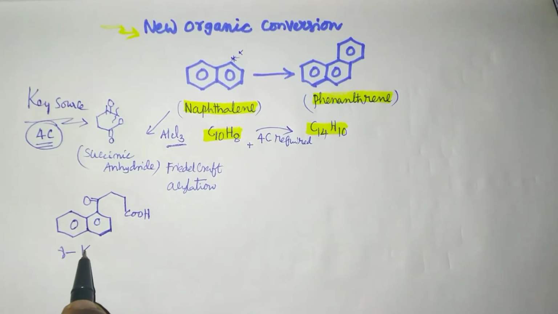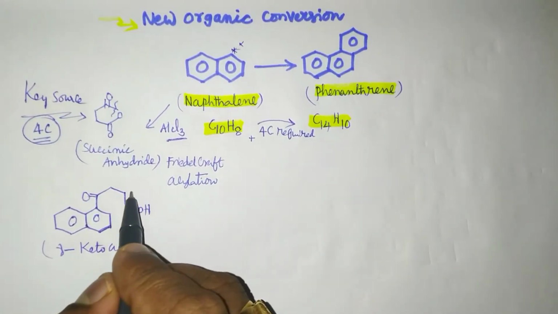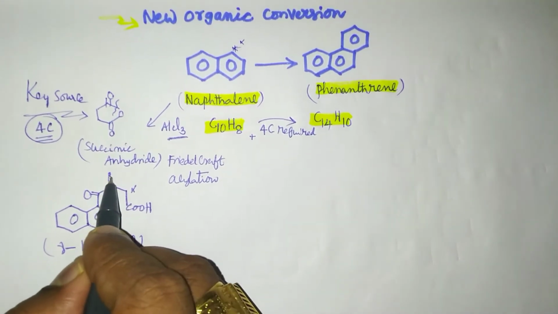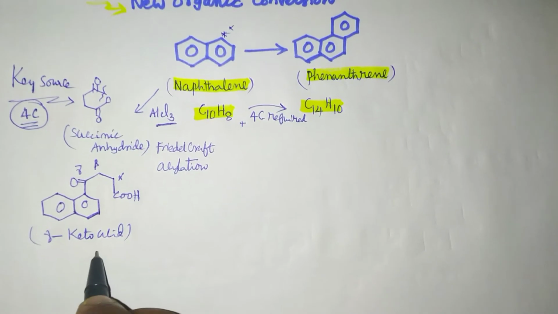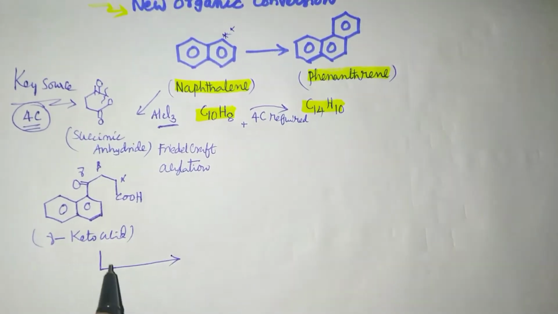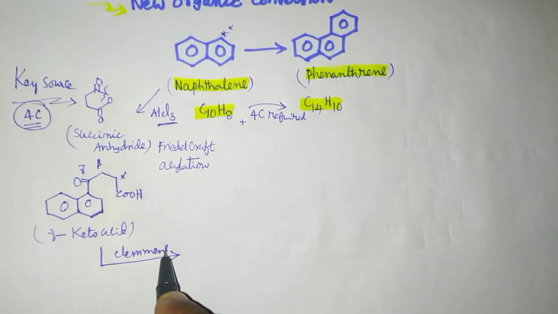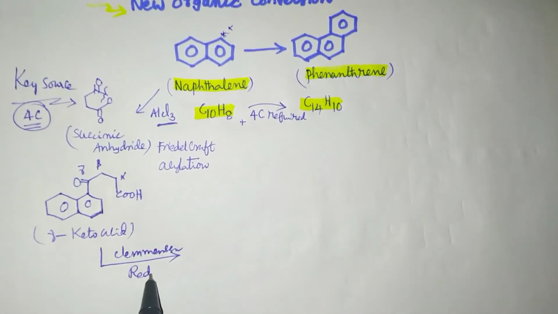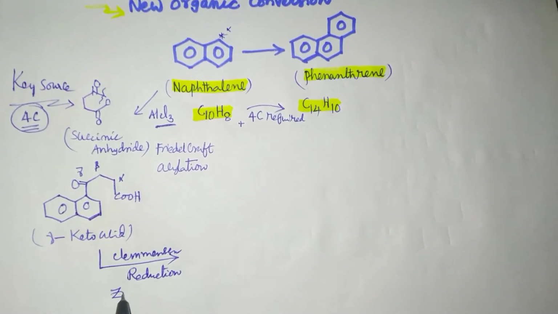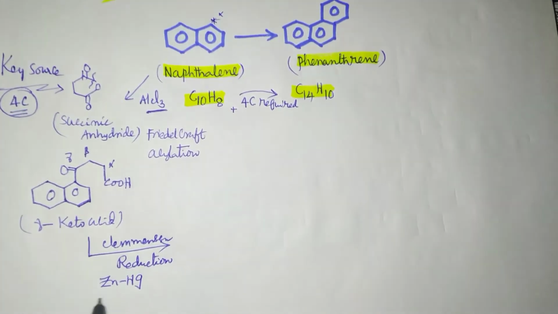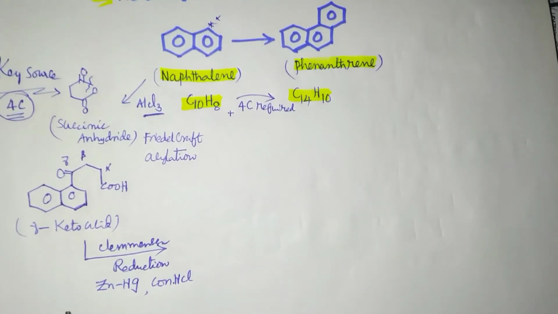This is called gamma keto acid. Why is it a gamma keto acid? This is called alpha, this is beta, this is called gamma. So this gamma keto acid further reacts in a Clemmensen reduction. What is that? Clemmensen reduction. In the presence of zinc amalgam, that means Zn-Hg, concentrated HCl is required for this conversion.